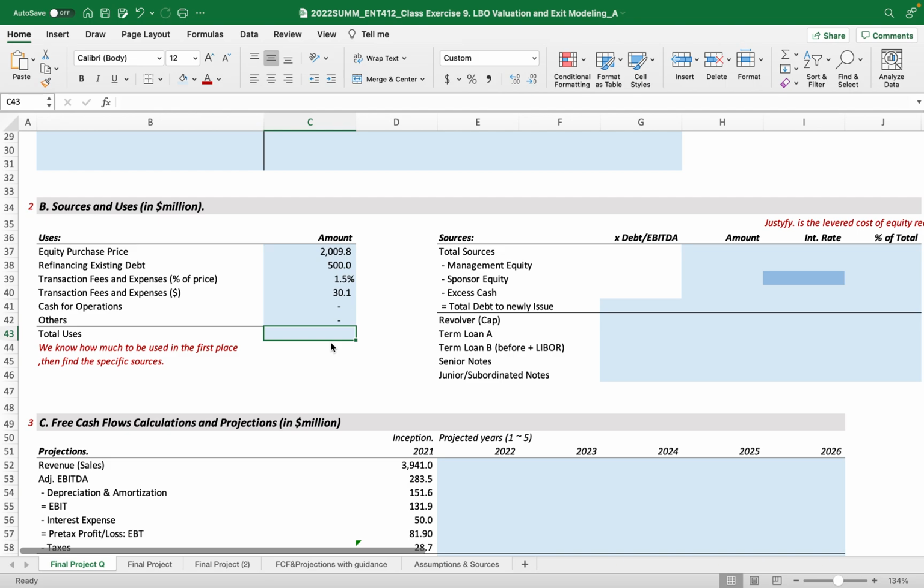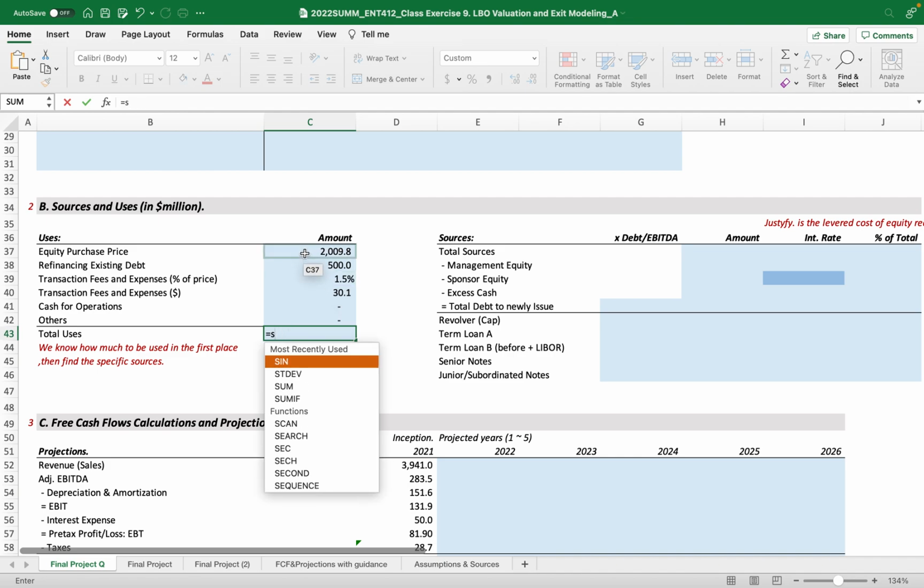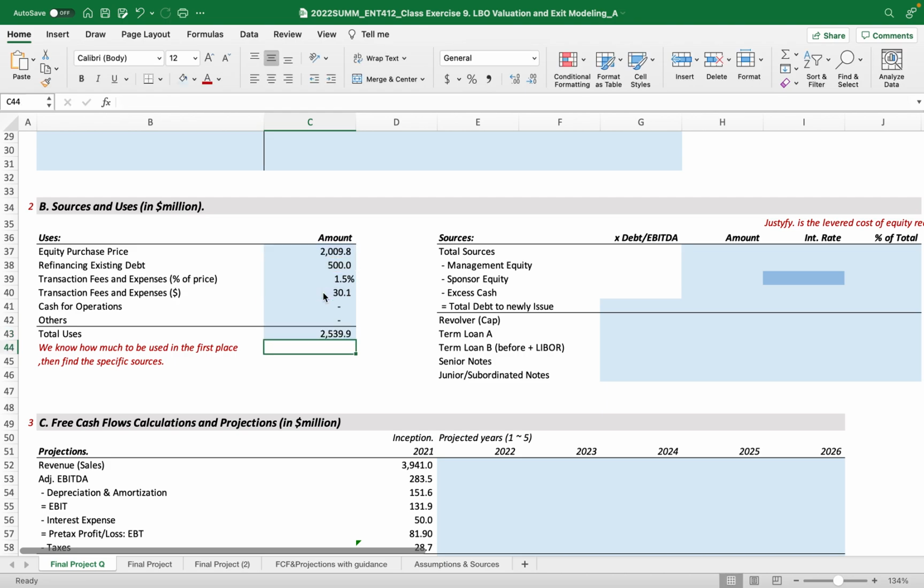And then total uses. The reason why we need to get the uses part first before the sources part is that we need to determine how much cash we need to use, and then where we make this a source of money from the sources section, right? So total uses now. Let's just sum these three up, and the total amount to use is $2.5 billion.